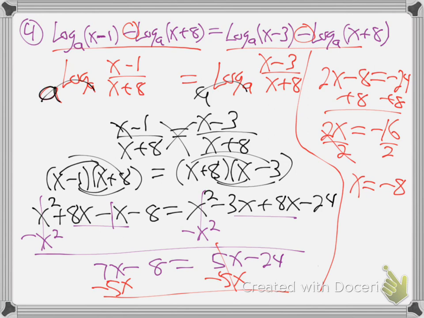So we got the answer minus 8, but actually that's not a valid answer. Because if I put minus 8 back in the beginning on the first step, minus 8 here or there makes that one 0, makes that one negative. No way, so the answer is no solution.